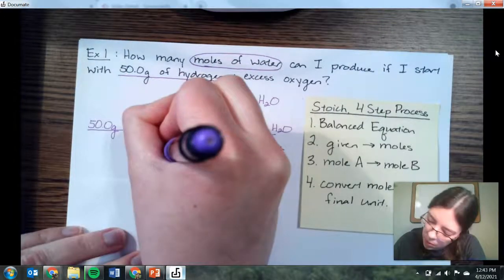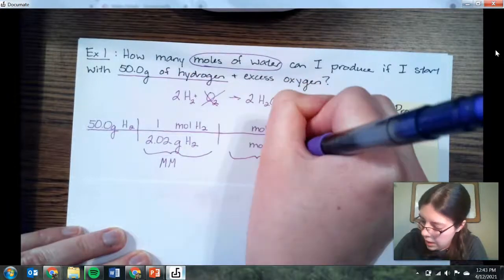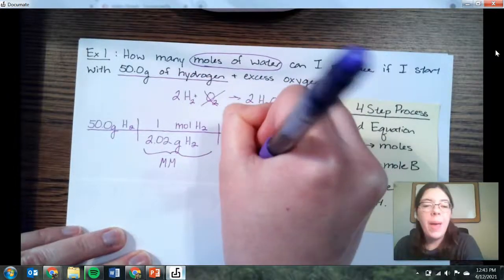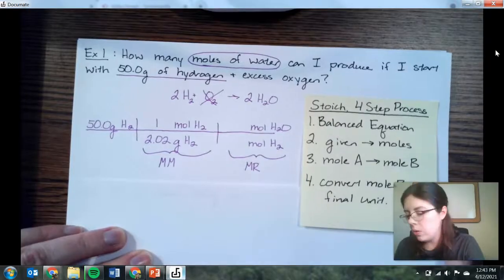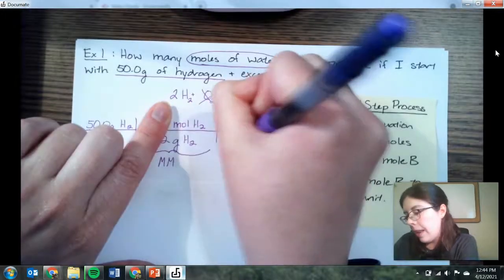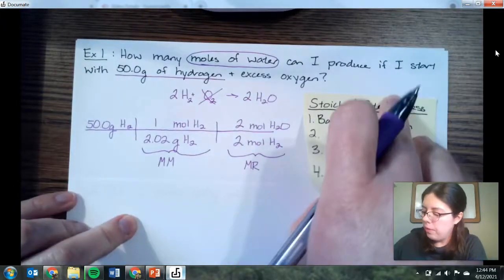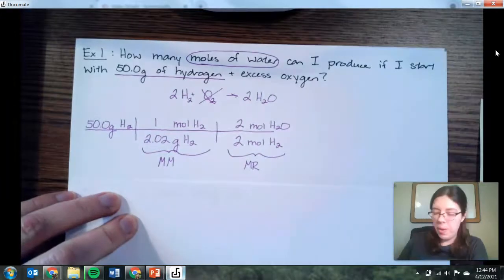So this was my molar mass. This step here is my mole ratio. So I'm going to look at my balanced chemical equation to find the numbers. So in front of the hydrogen, I have a 2. And in front of the water, I have a 2. So from here, I just need to go ahead and solve my problem.